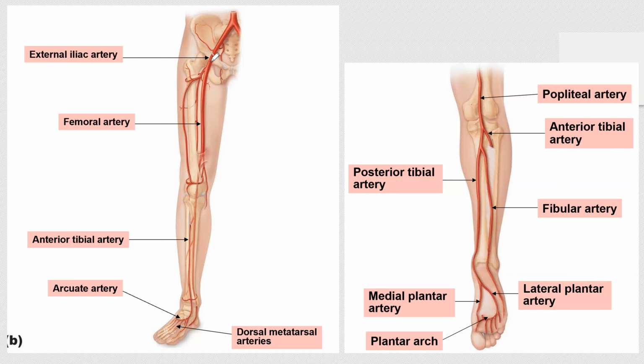So external iliac became femoral, femoral became popliteal, popliteal split into anterior tibial, fibular, posterior tibial, which is going to make medial plantar, lateral plantar artery, plantar arch, and digital arteries, and anterior tibial became arcuate artery and dorsal metatarsal arteries.